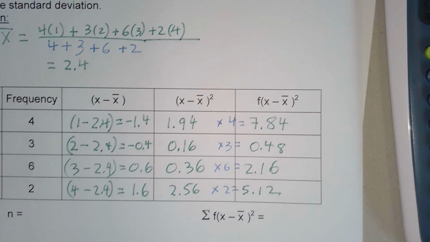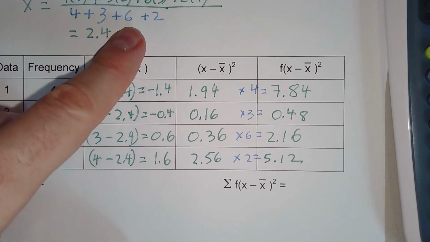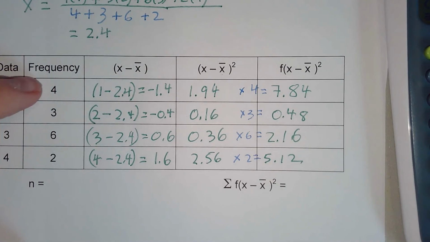So my n at the bottom here is going to be the sum of my frequency. And that should be 15 because we got that up there earlier. 4 plus 3 is 7, 7 plus 6 is 13, 13 plus 2 is 15.